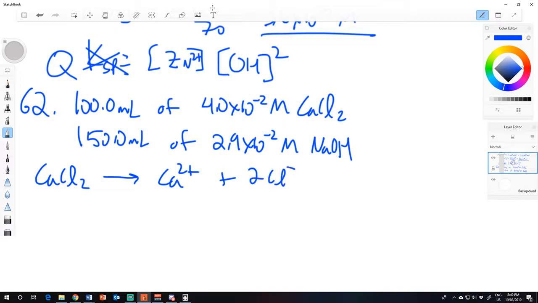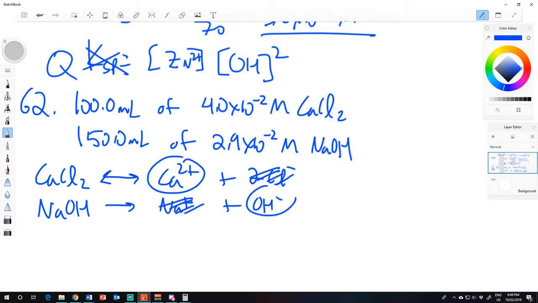We don't care about the chlorides because they're not the interesting one. And similarly in the NaOH, this will provide sodium ions and hydroxide ions. We don't care about this, we don't care about that. All we care about is this and this.